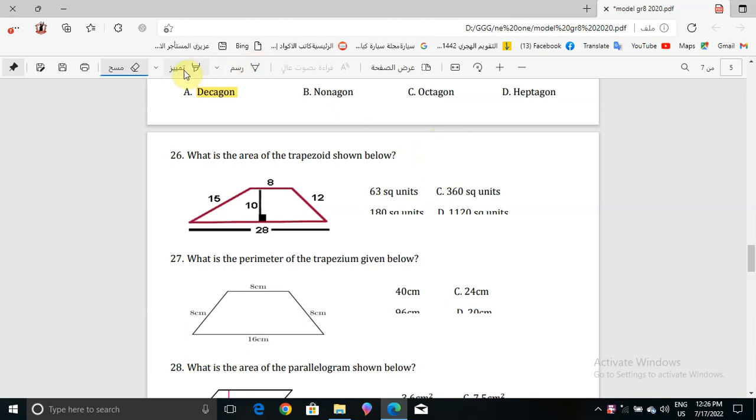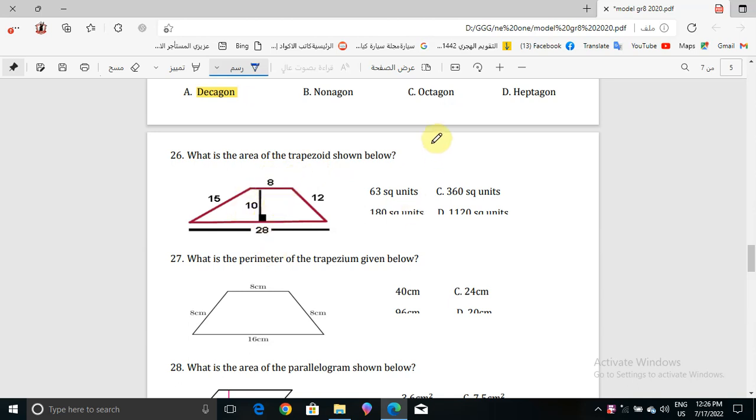Okay, in question number 26, what is the area of the trapezoid shown below? As we said before, the area of a trapezoid is B1 plus B2 over 2 times the height, right? So we have B1 here, B2 here, and we have the height.